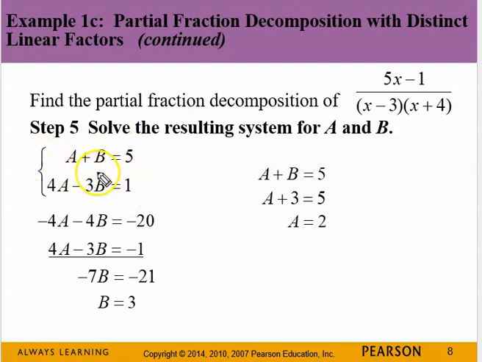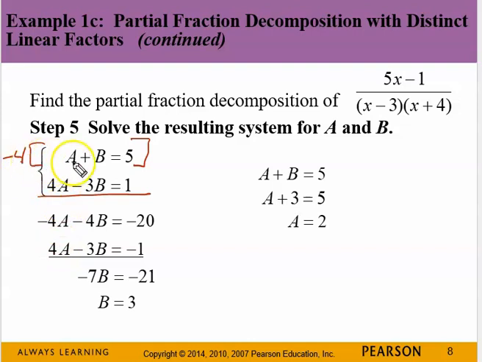So again, going into our toolkit, what system can we use to solve these equations? Well, let's use the addition method, where if we multiply this first equation by -4, and then we go to add these up, the a's will actually cancel out.